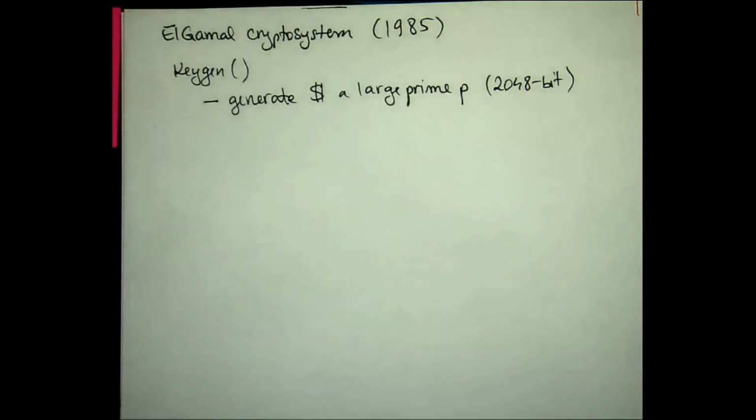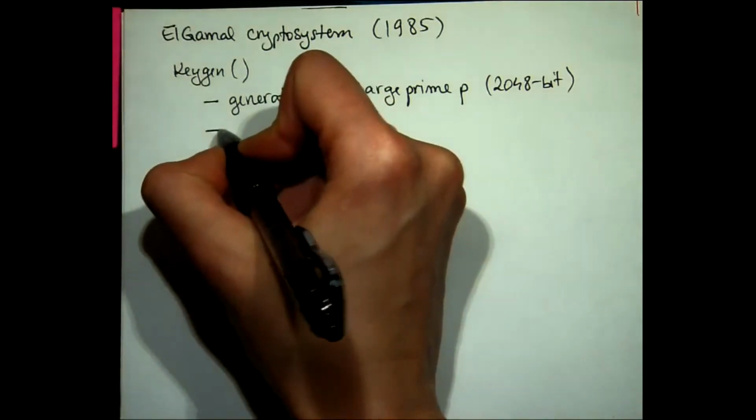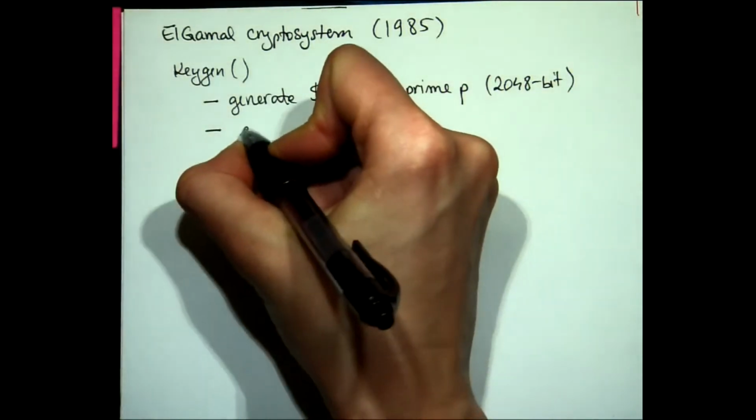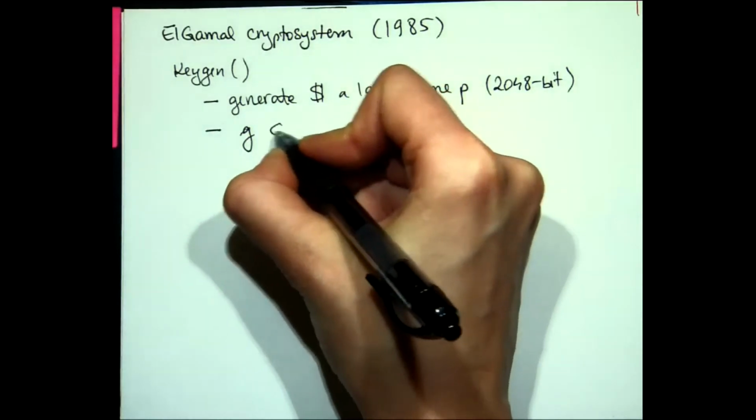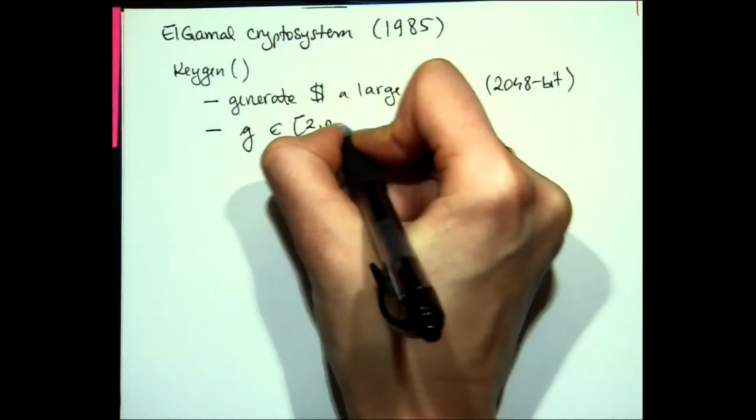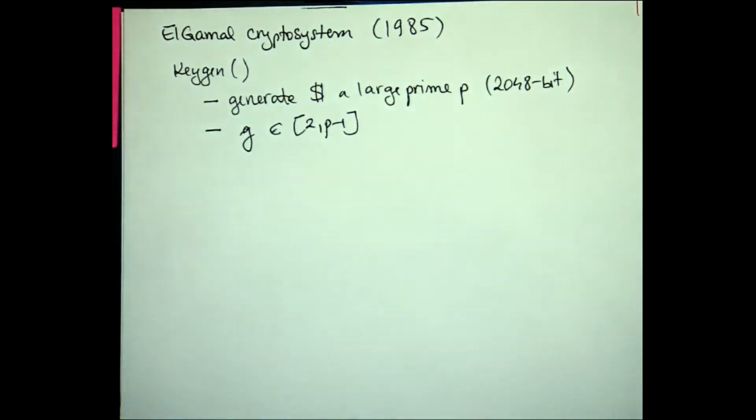So you generate a random large P and also generate a G, which is in, let's say, 2 to P minus 1. Okay?